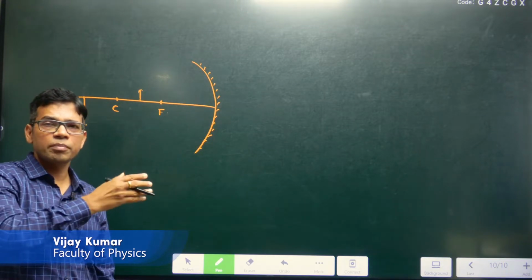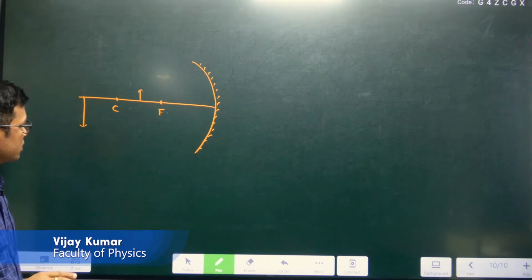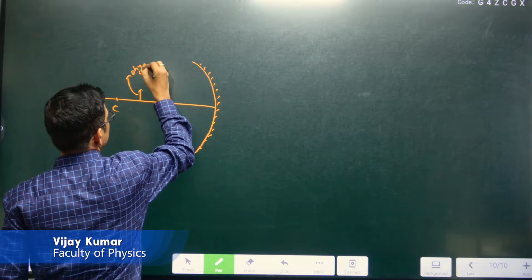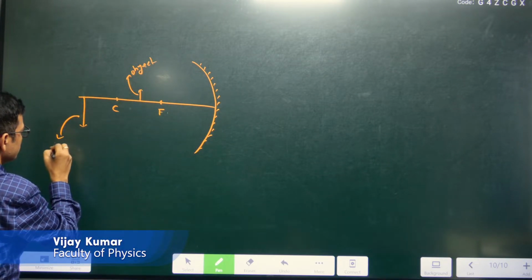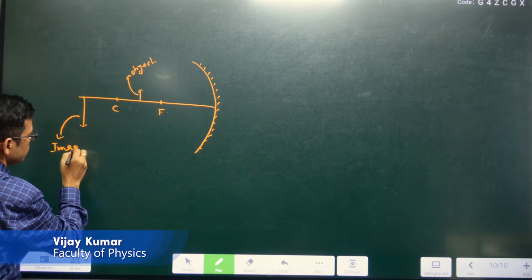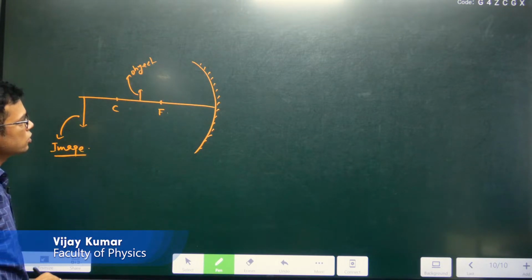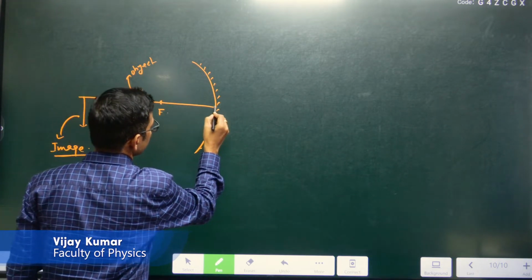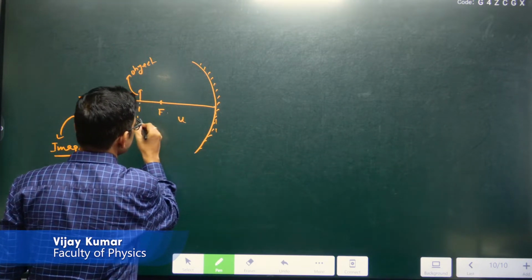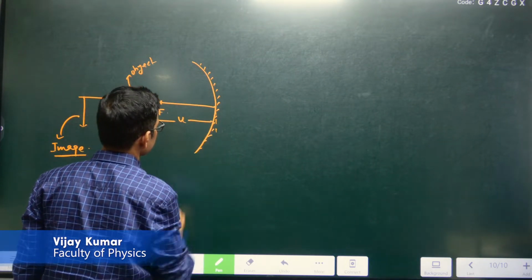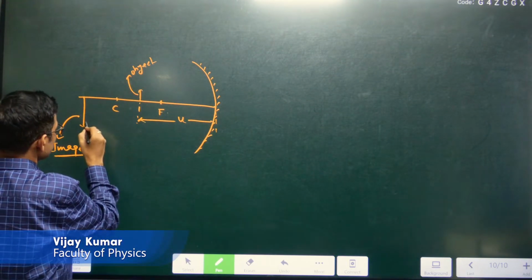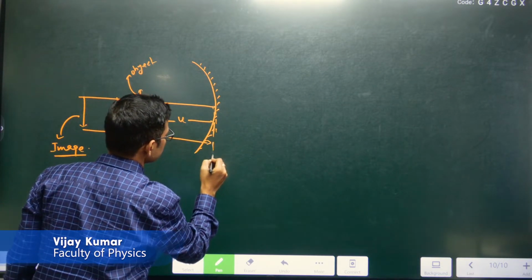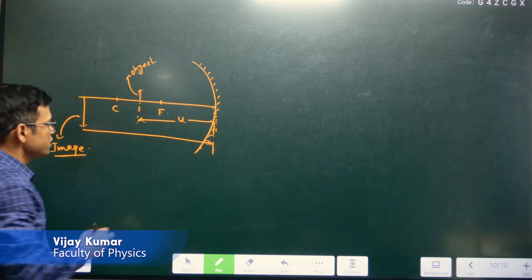I have taken a random case. This is your object and this is your image. The distance measured from the object to the pole is called u, the object distance.